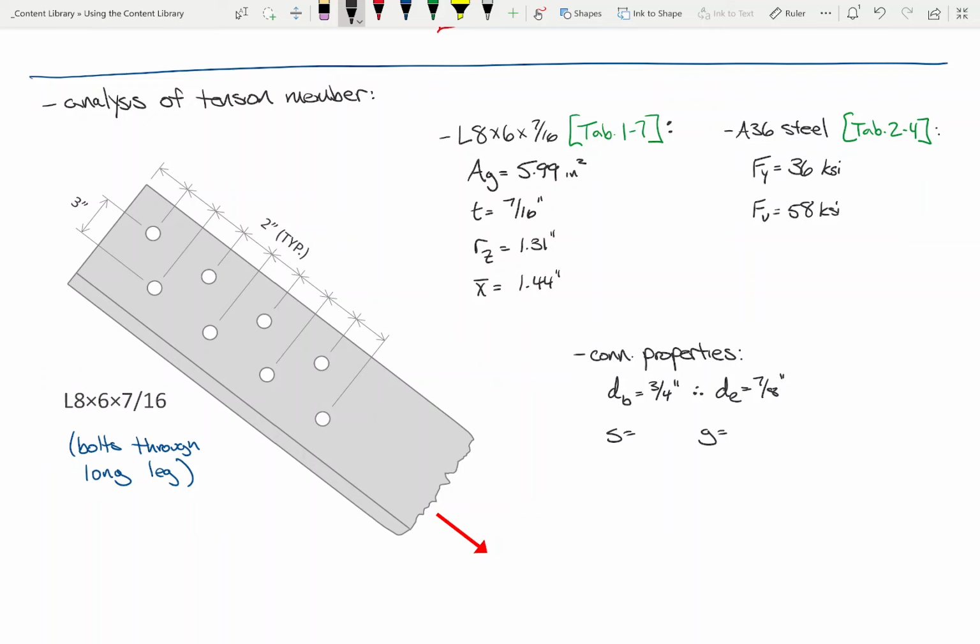What about s and g? For our stagger factor. Exactly right. g is perpendicular to the load. That's this distance. The load's going this way, so g is this distance. That's 3 inches. This is 2 inches.